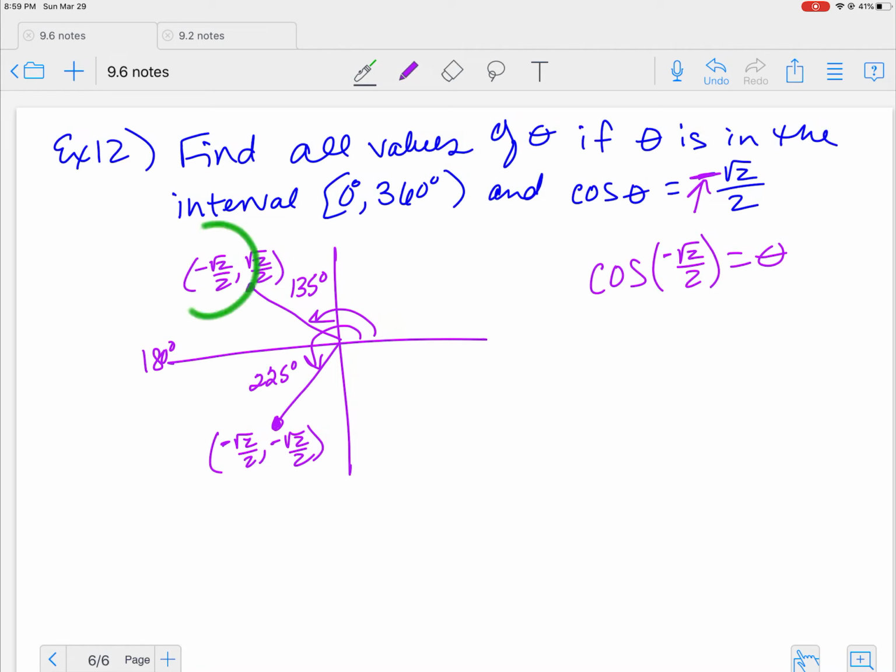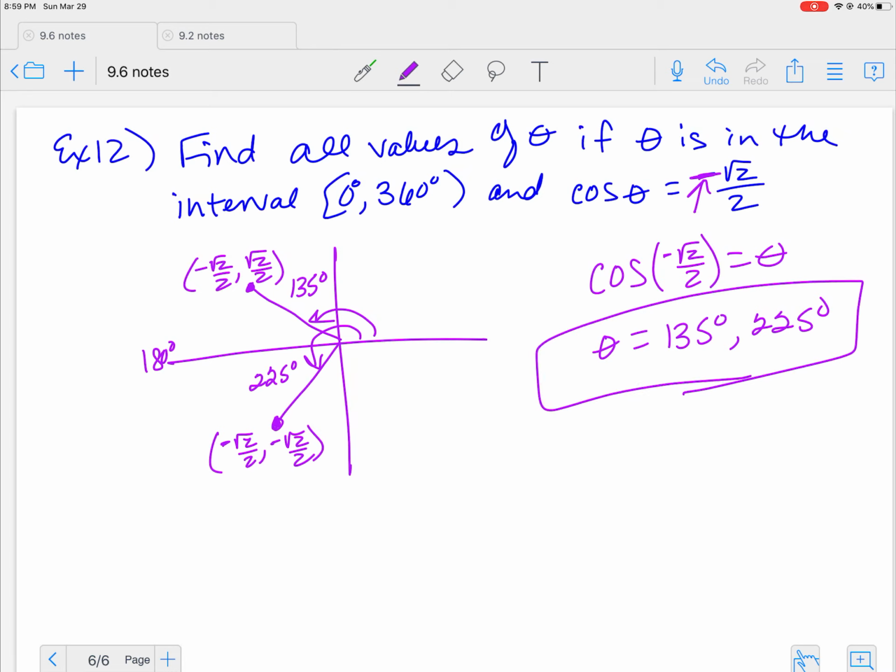So this is going to be negative root 2 over 2 and negative. Do I care about what my y values are? Because I'm talking cosine here, people. So what angle measurement is going to get me this negative cosine? Theta is 135 degrees and 225 degrees.